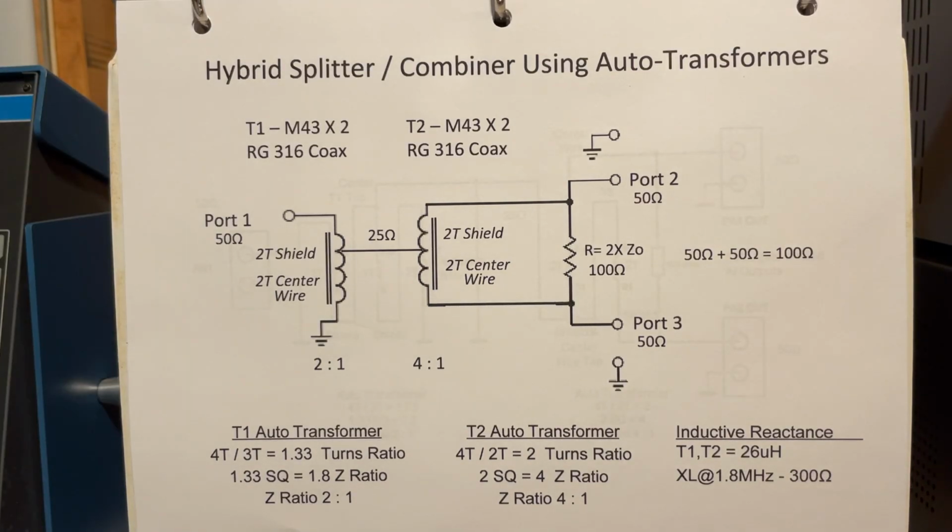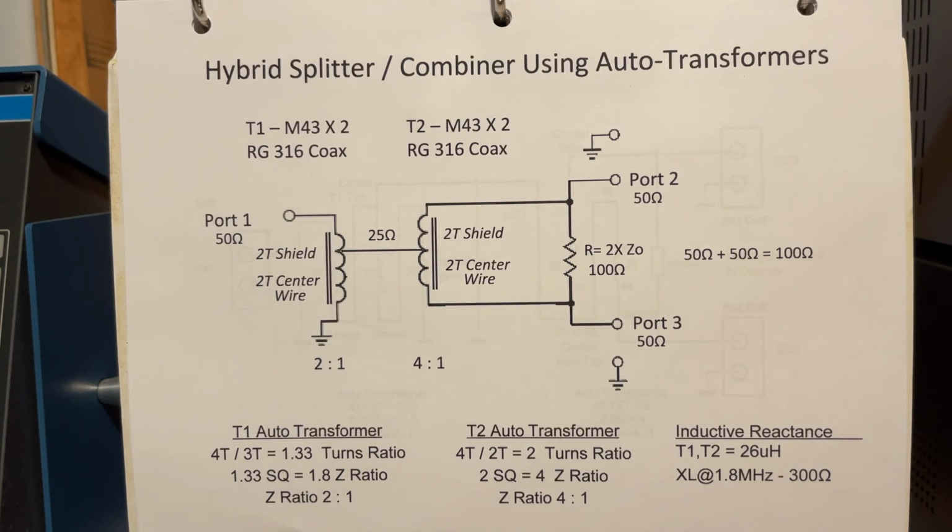So let's take a look at the splitter combiner, the hybrid type that we're talking about. Here are my two auto transformers. And what are we doing here? It's a little complicated looking at the diagram, and this can be drawn many different ways, so I'm going to show a number of different examples, but it looks complicated and is actually very simple.